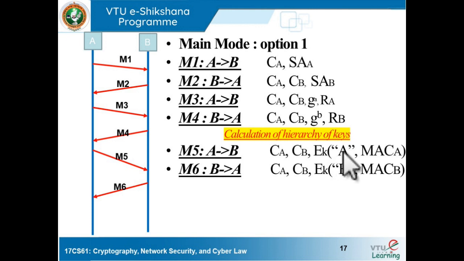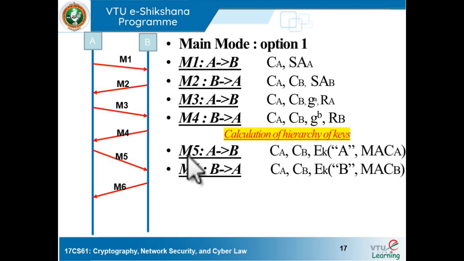Now this identity along with MAC A is encrypted using the key KE. KE is an encryption key which is a function of the secret key shared between A and B. Now why do we use this key? This key is known only to the communicating parties and only they can decrypt it. No others will be able to decrypt this particular information.